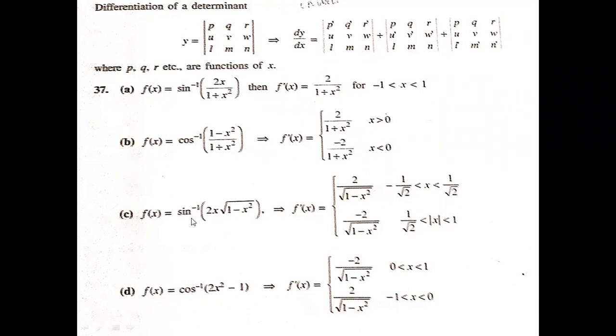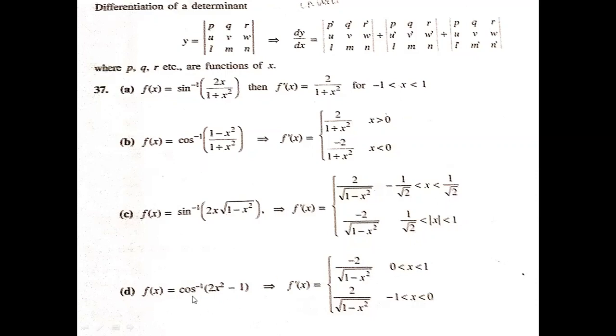If f of x is equal to sine inverse of 2x root of 1 minus x square, f dash x will be 2 by root of 1 minus x square, where x lies between minus 1 by root 2 to plus 1 by root 2. And the result will be minus 2 by root of 1 minus x square if mod x lies between 1 by root 2 and 1, meaning 1 by root 2 less than mod x less than 1.